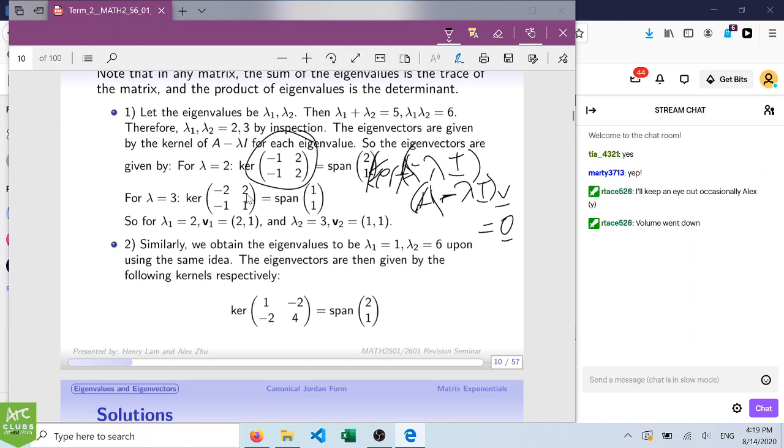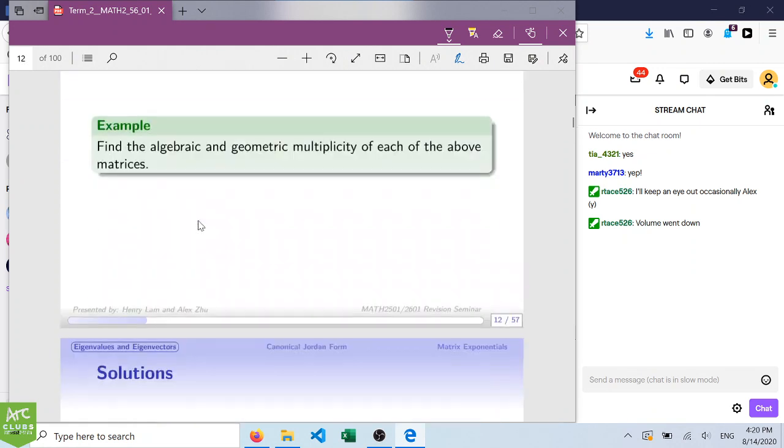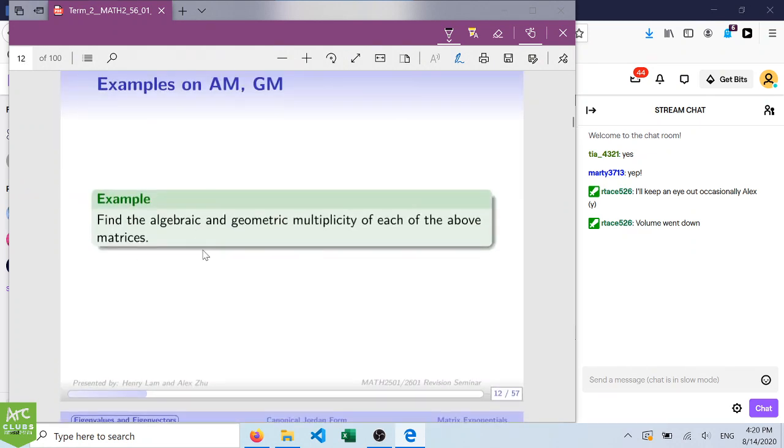We just say that the kernel of A minus lambda I for that particular lambda is going to have a dimension of 1.